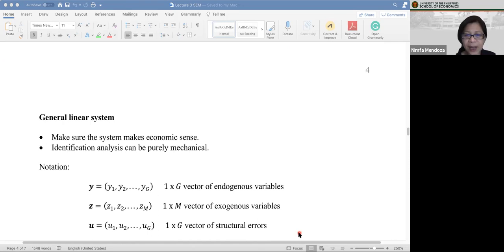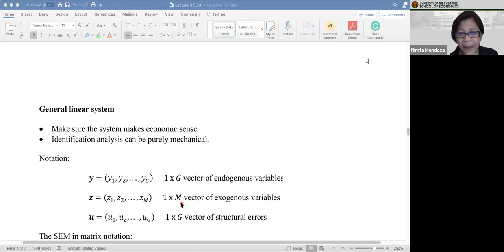So let's first lay out the notation. We have the set of endogenous variables. We have G endogenous variables. So this is a row vector, y sub 1, y sub 2, down to y sub G. Then we have M exogenous variables, C sub 1, C sub 2, down to C sub M. So this covers all the exogenous variables in the system.